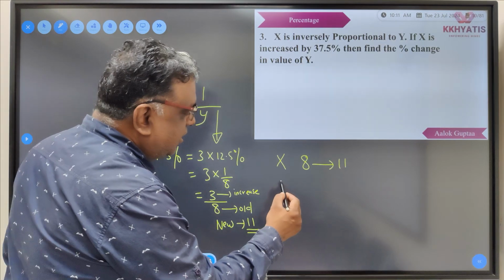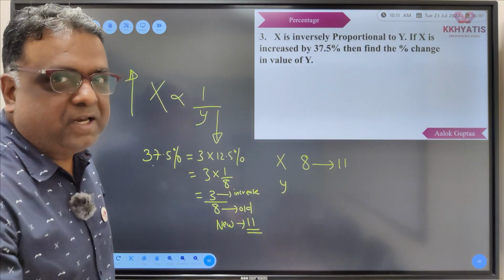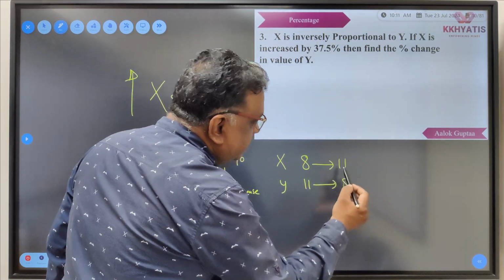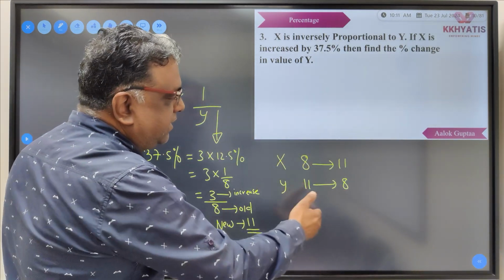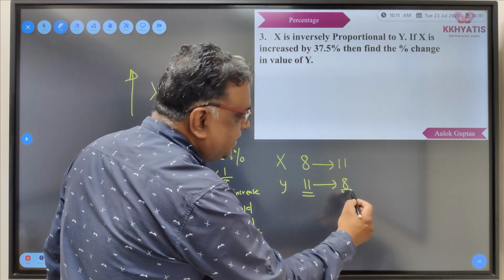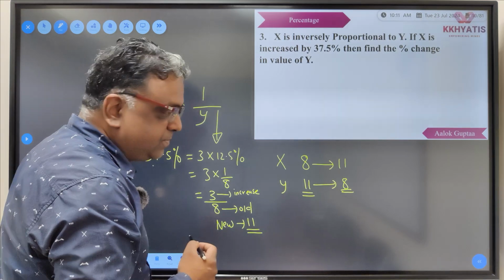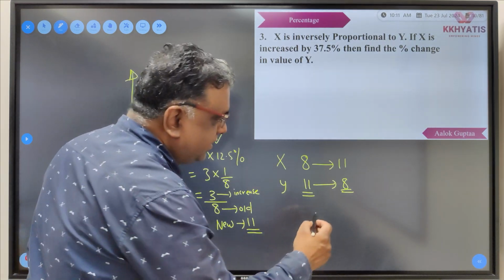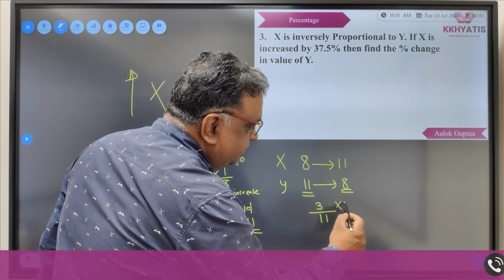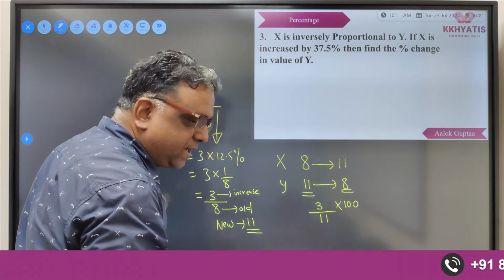Obviously, since x is inversely related to y, which means y must have reduced from 11 to 8, because ultimately 88 equals 88, it has to happen. So y must have been 11 and it got reduced by 3, which means the reduction on y is 3. And what was the previous value? 11 into 100, right?